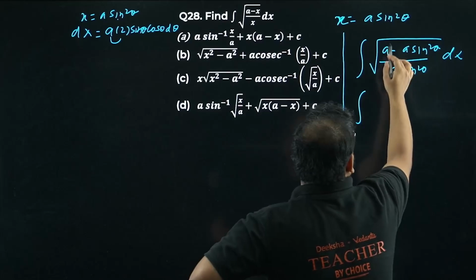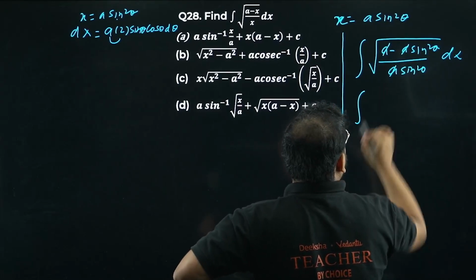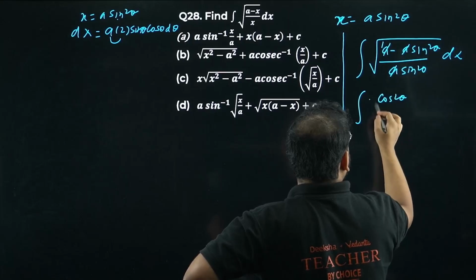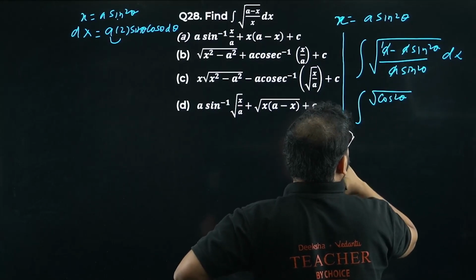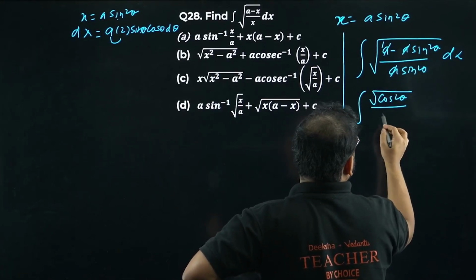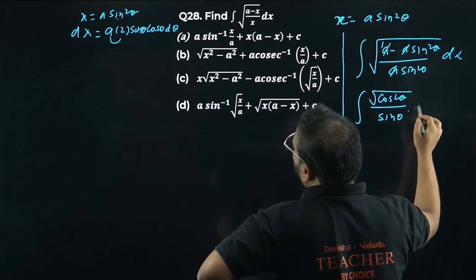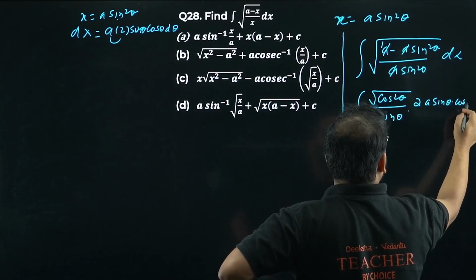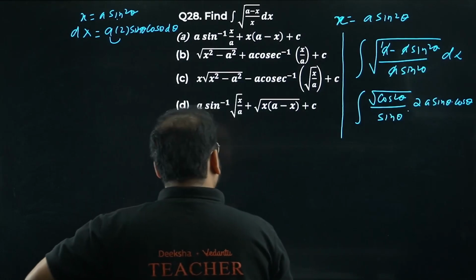Check this out. I can take this a and a cancel, right? I have 1 minus sine square in the numerator, basically going to be cos square theta in the root, and of course we have denominator as simply sine theta, and this will become 2a sine theta cos theta.